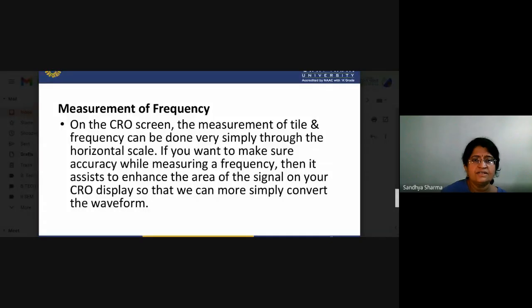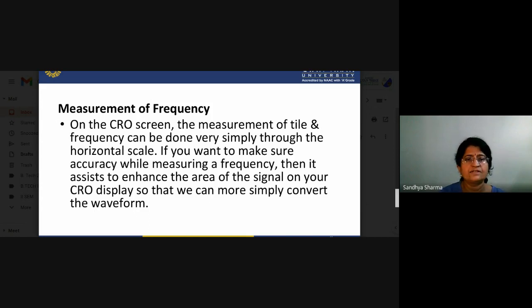So now, what happens when you have to measure the frequency? On the CRO screen, the measurement of time and frequency can be done very simply through the horizontal scale.